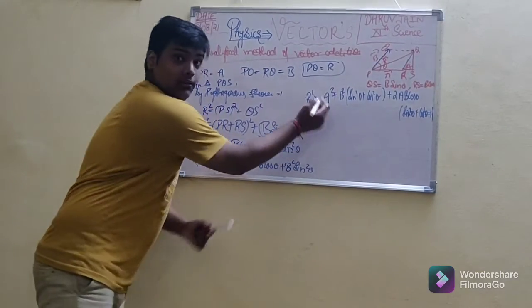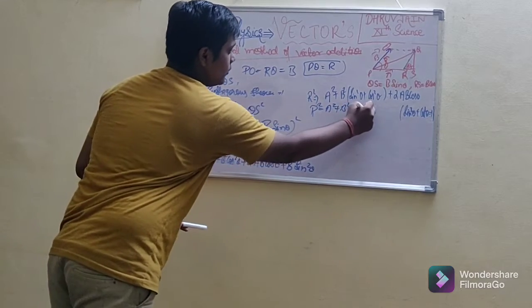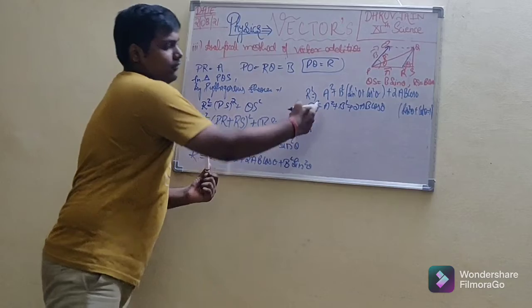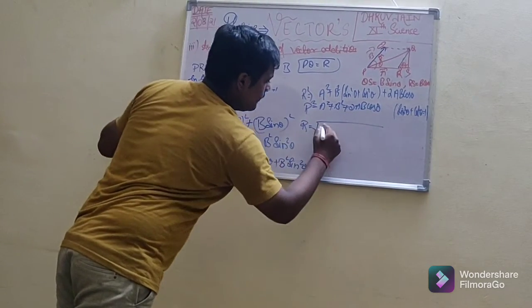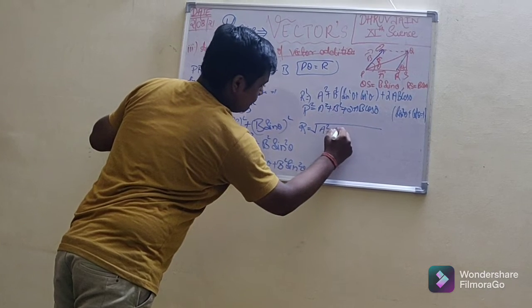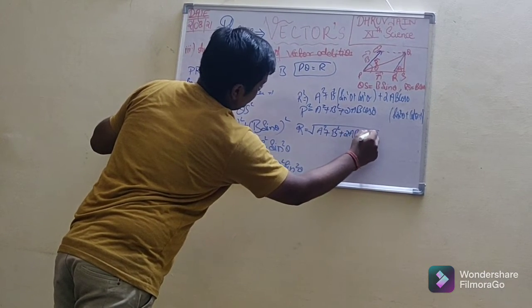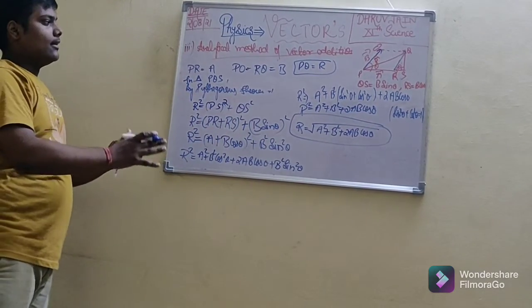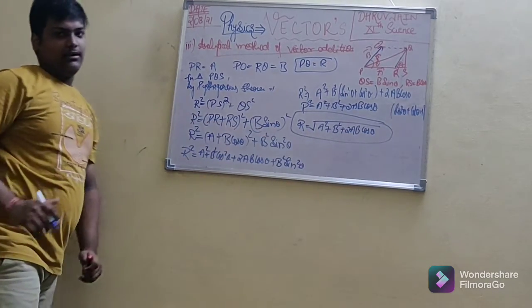Then we get A square plus B square plus 2AB cos theta. Then we will apply the root here. The value of R will be the square root of A square plus B square plus 2AB cos theta. By applying this formula, we can find out the magnitude of the resultant.